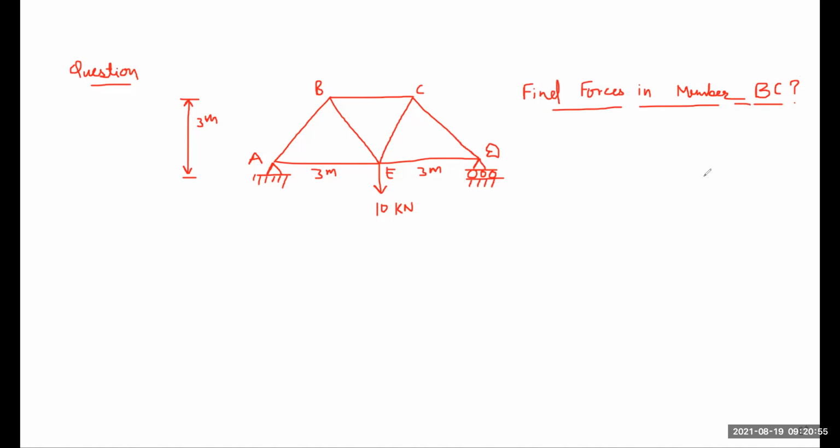This is the problem. You have a question. At point A, you have a hinge support. At point D, you have a roller support. At point E, a 10 kilonewton load is acting downward. The length of all the members is 3 meter.